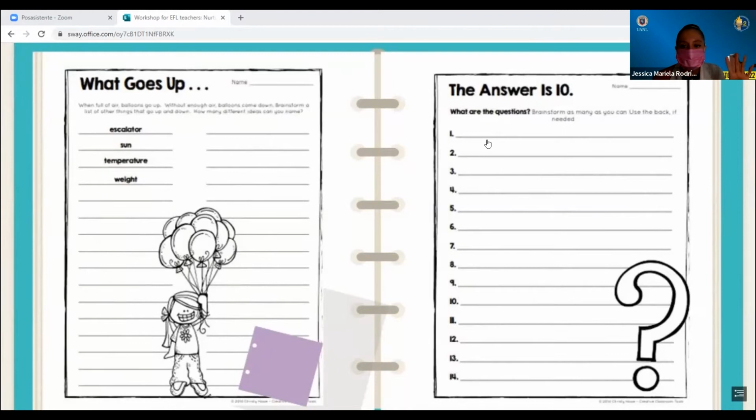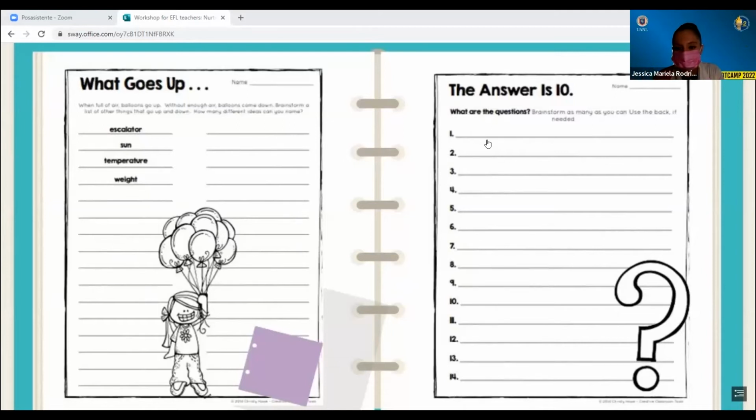Questions where the answer is 10, okay? I don't know what question you're going to make, and I don't really care if it is about math or history or anything, but the answer has to be 10, okay?